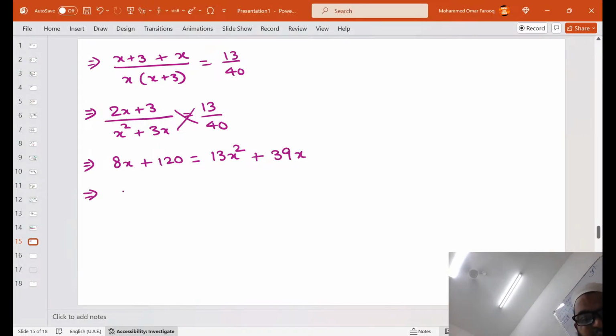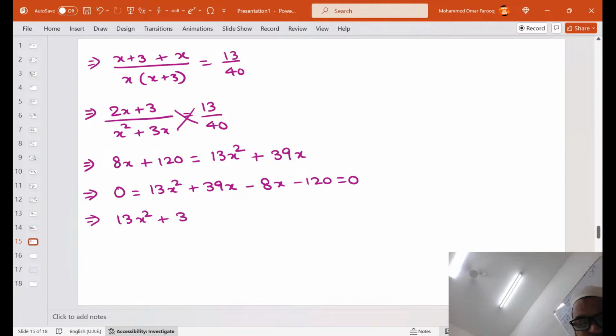Transpose all of the left hand side to the right hand side. So 13x square plus 39x, and now minus 8x minus 120 is equal to 0. That implies 13x square plus 13x minus 120 is equal to 0.